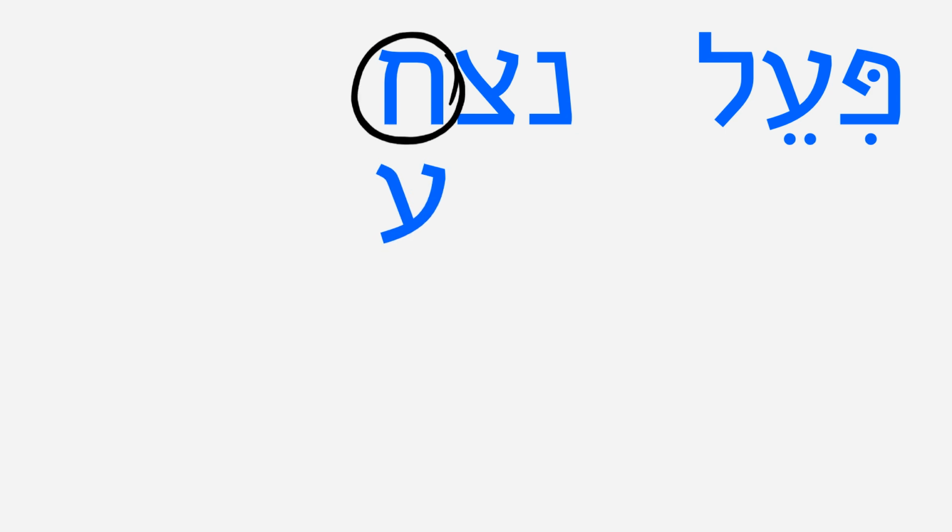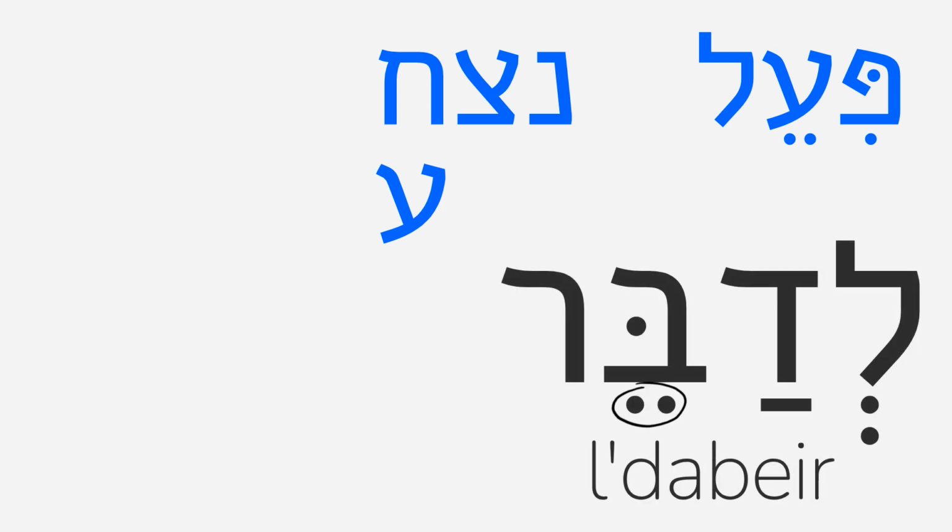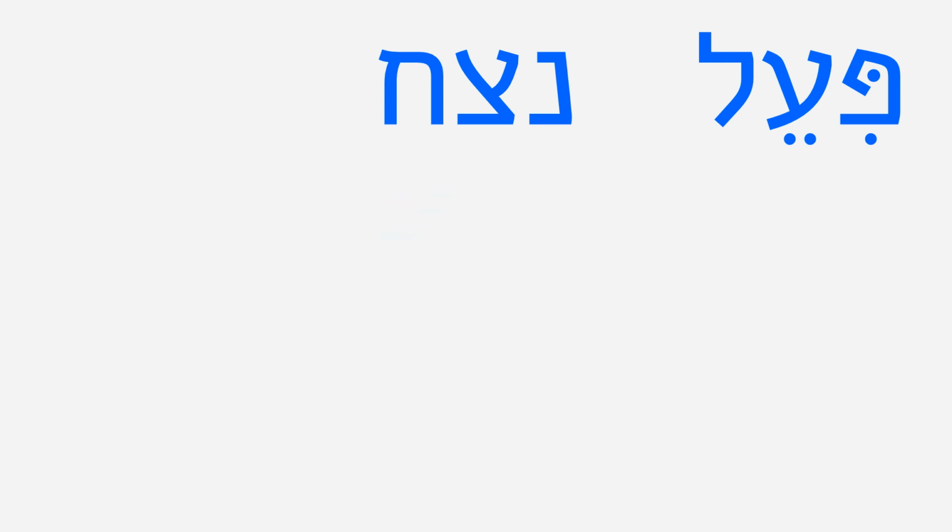The other common irregularity of a Piel infinitive happens when the last root letter is an ayin or chet. Remember that when these letters are at the end of a word, the vowel before them must be an a vowel. But in a Piel infinitive, the last vowel is a tzere, as in ledaber, to speak. Let's see what happens when we put the root nun tsadi chet into a Piel infinitive, which will mean to win.